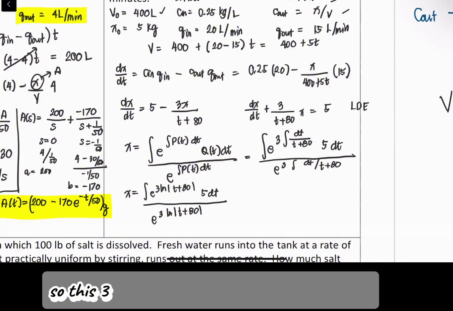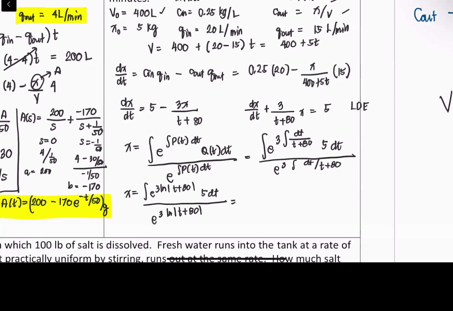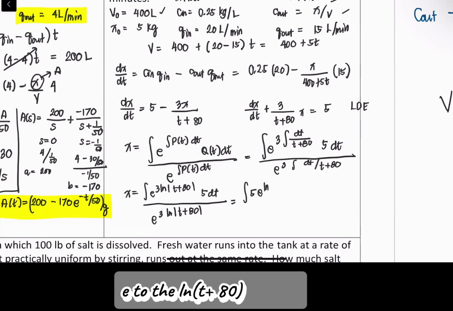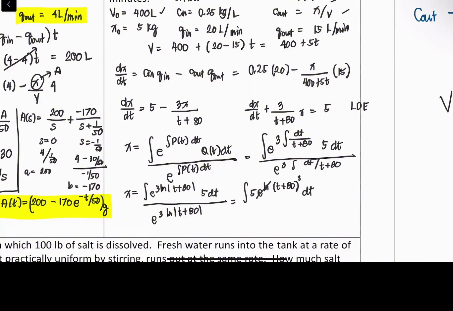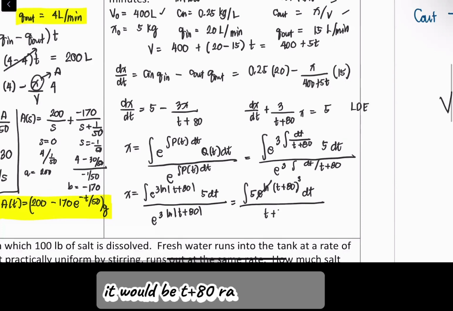So this 3 can be an exponent of ln of t plus 80. So that would be the integral of 5 e to the ln of t plus 80 cubed dt, all over, it would just be the same, t plus 80 raised to 3.